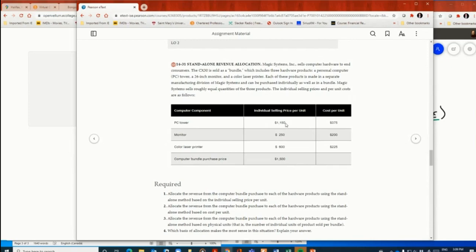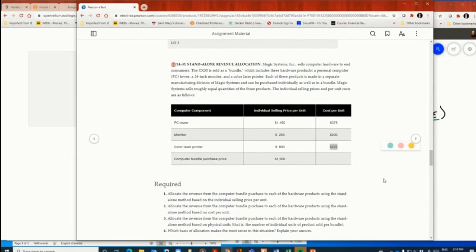And the PC, we typically sell for $1,150, and it costs us $375. We sell the monitor for $250, and it costs us $200. So we're not making a lot of money on the monitors. The laser printer, $600 that we sell it to the customer for, and it costs us $225. So we've got pretty good markups on the tower and the printer, but not a lot of markup on the monitor.